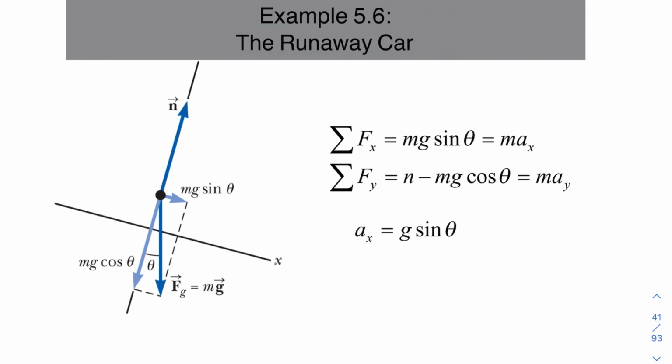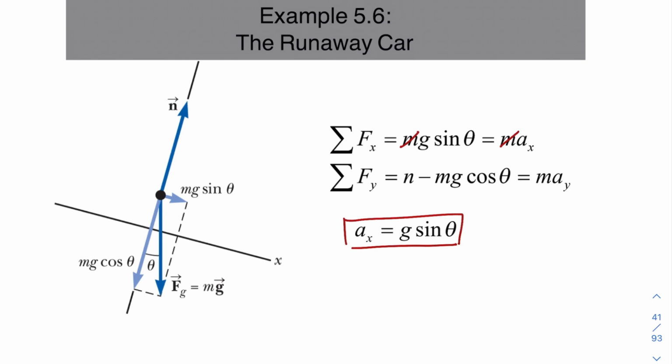So mg sin theta, which is this component, is the only force along x. We don't have any other force, equivalent to max. From that, the m can be cancelled out, so we know that ax is equivalent to g sin theta.